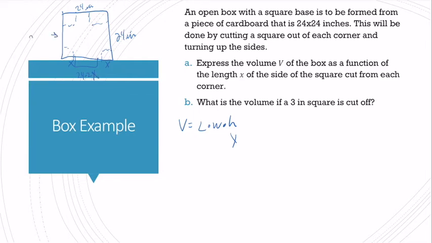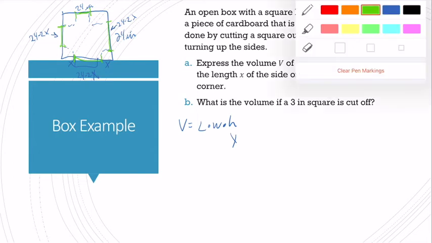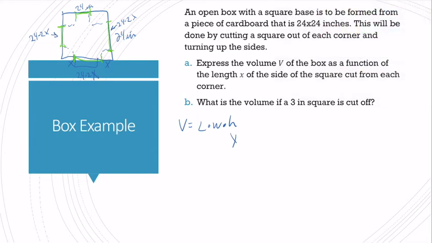Each of these little sides would be 24 minus 2x. And that's the length from here to here, and here to here. So that's going to be my length and my width. So I've got x times 24 minus 2x squared, times x.